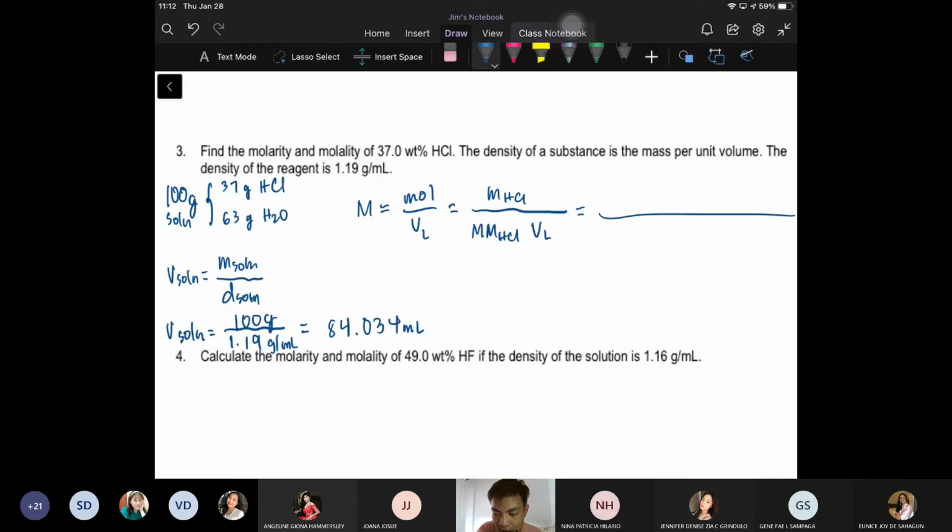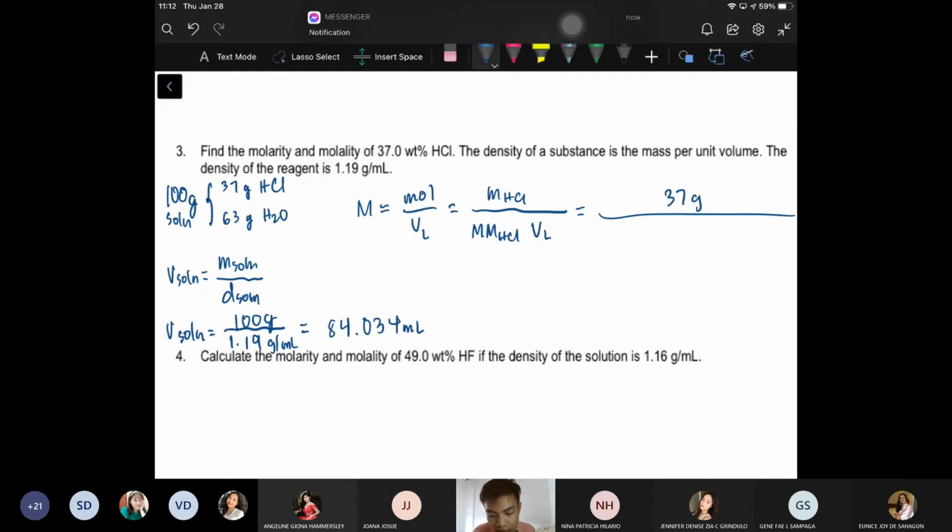Then, ano gagawin natin? Plug in. Okay, plug in. Mass ng HCl, this would be 37 grams. Okay. Ayusin ko lang yung 7 ko. 37 grams. Yung molar mass ng HCl, gagawin, periodic table, lahat ng digits gagamitin. Okay.